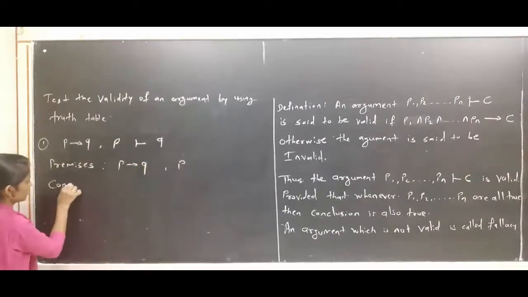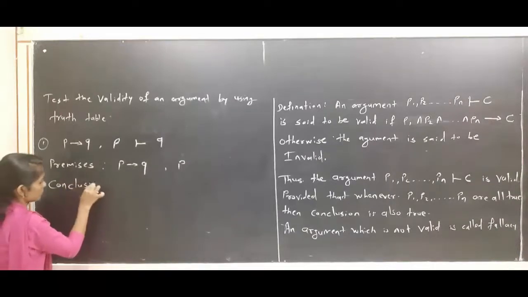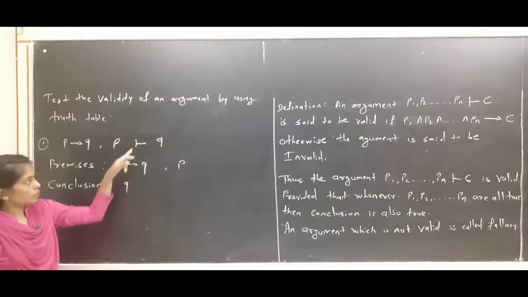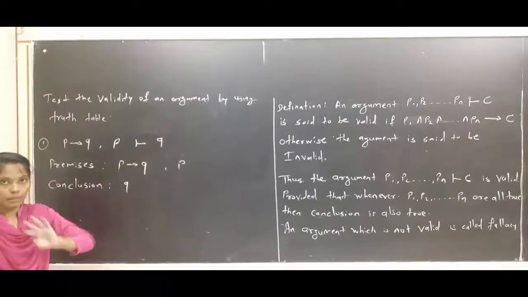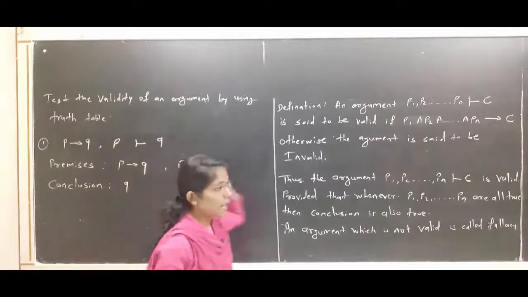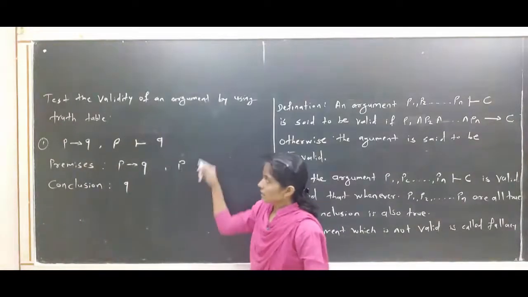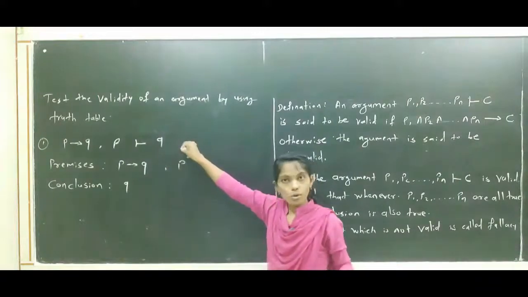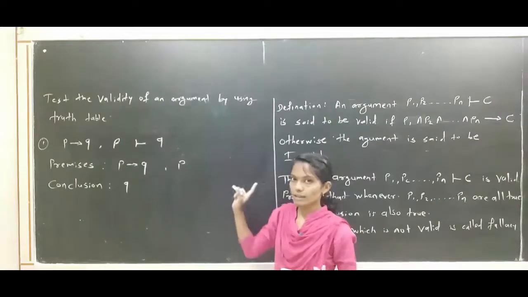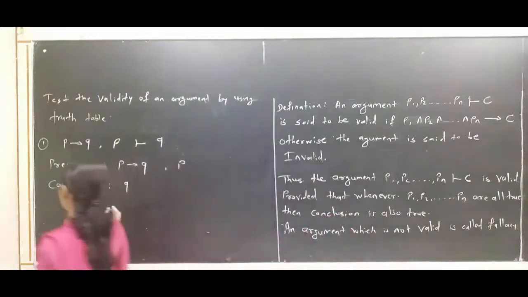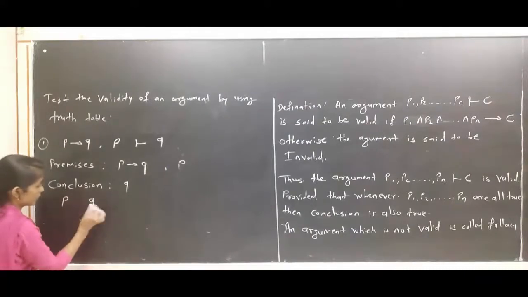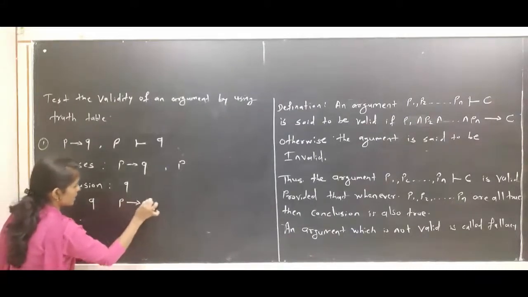And the conclusion C is Q. Now we want to draw a truth table, and if these two premises are true, then this conclusion is also true. Then and only then we say that the given argument is valid, otherwise not. So draw the truth table: P, Q, P implies Q.